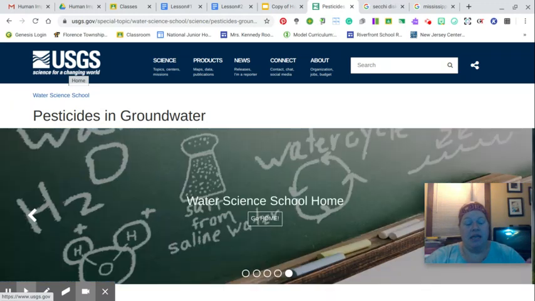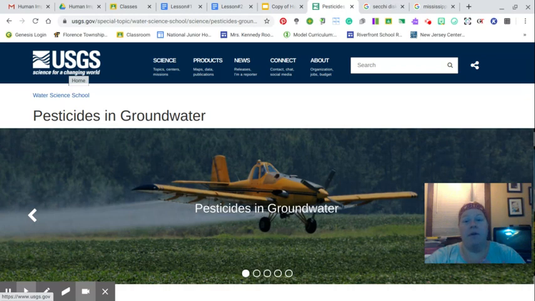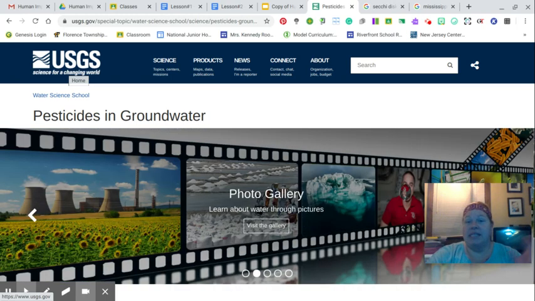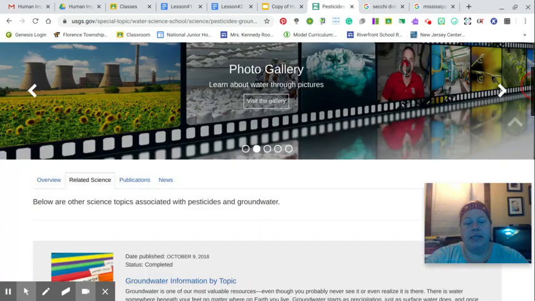They deal with earthquakes, rock slides, all that stuff, groundwater, pesticides. So they're kind of a government organization. It's kind of like NASA, but for earth science instead of space science. Same thing. So they have a lot of good information on here if you're interested. So they have photo galleries, etc.